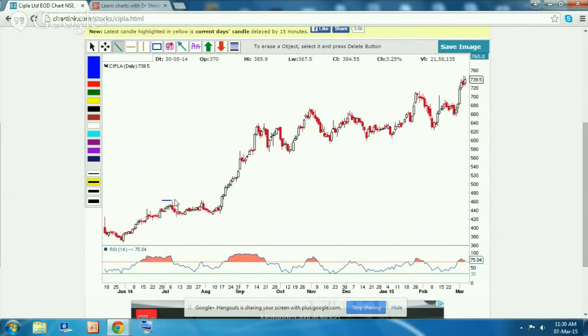If you see here, I'm taking these two tops, joining by a horizontal line. I'm taking this bottom and making a horizontal line. Now the pattern you see here between these two lines is called a rectangle.